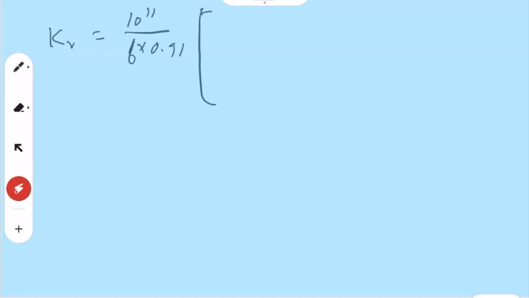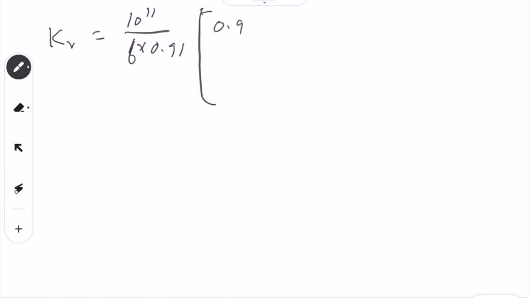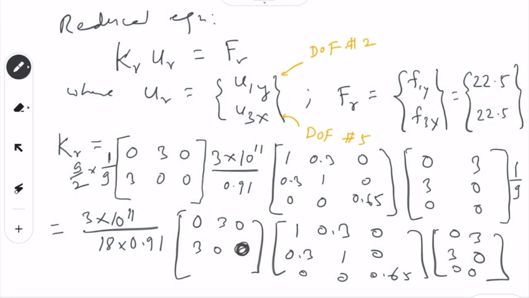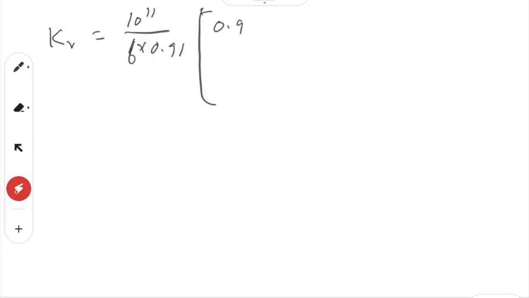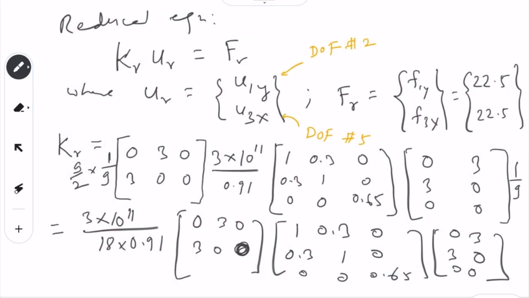So we write 0.9. Now this multiplied by this one, just 3, we get 3. This row we have multiplied by 0, 3, so we get 0.930.